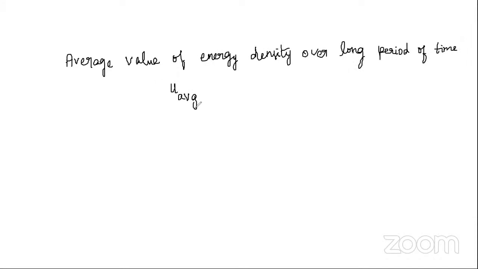U average is equal to 1 by 4 epsilon naught E square, I am not deriving it, I am giving you the final expression, or 1 by 4 mu naught B square. This is the average value of energy density. So this is another equation, and we have a few more equations.